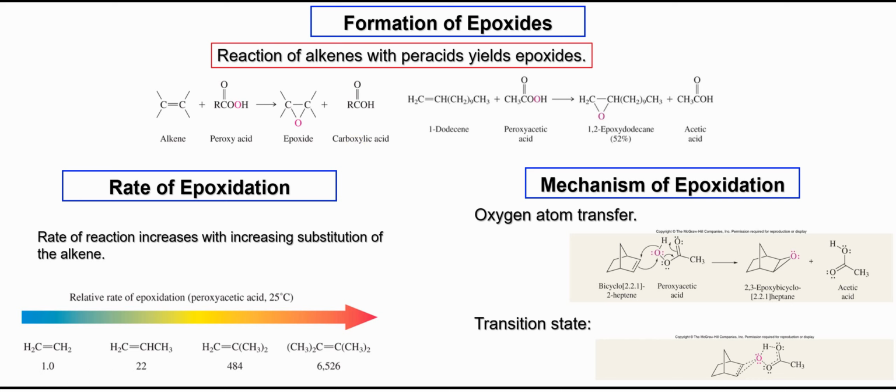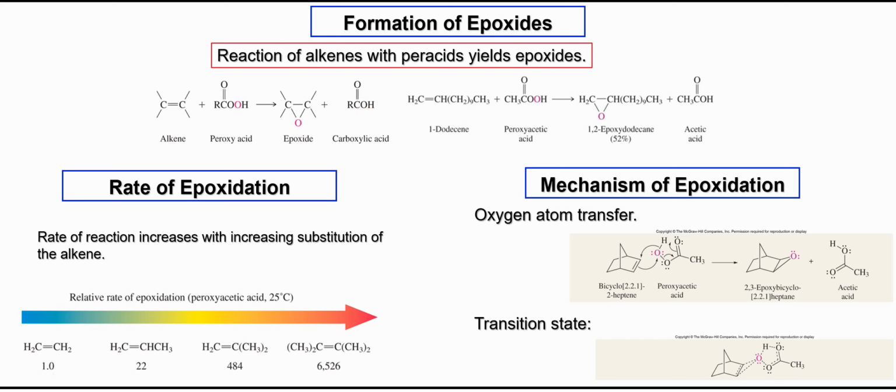You can think this way. You have a carbon-carbon double bond. One of the oxygens of this peroxy acid will form a 3-membered ring with this carbon-carbon double bond. So you form an epoxide, and then this oxygen is going to be removed. You are going to produce a carboxylic acid.